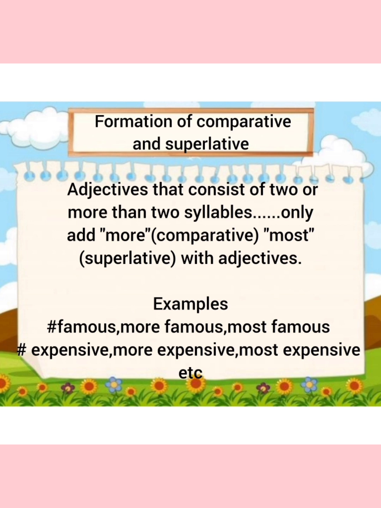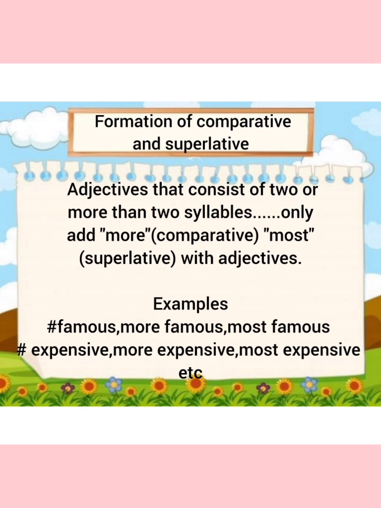Now it consists of more than one syllable, so we will change the degree from positive to comparative and we will add only more: more famous, and in superlative it will become most famous. Another example is expensive. Now there are more than one syllables, so we will add more in the comparative degree and most in the superlative degree. So it will be like this: expensive, more expensive and most expensive.